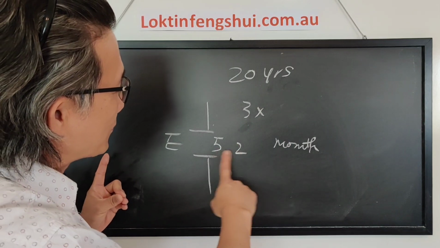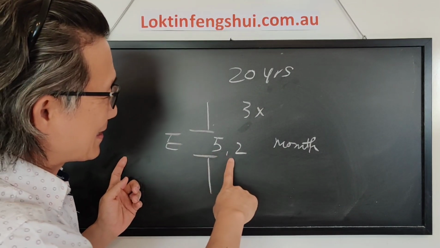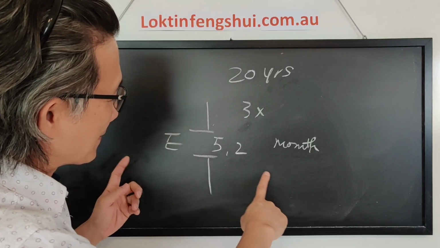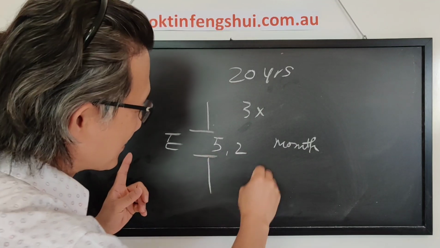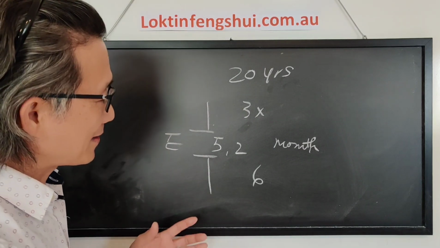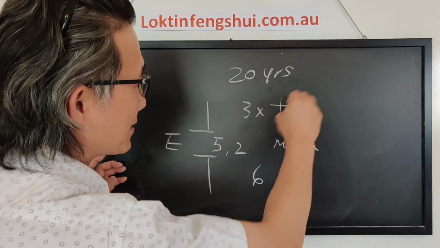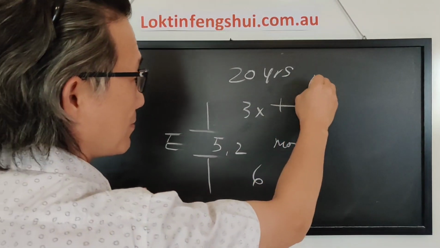So the 2-5 configuration coming to my door has already happened 6 times in the past, 6 times. And then let's say I have another door at the south, that will be about 6 times as well.